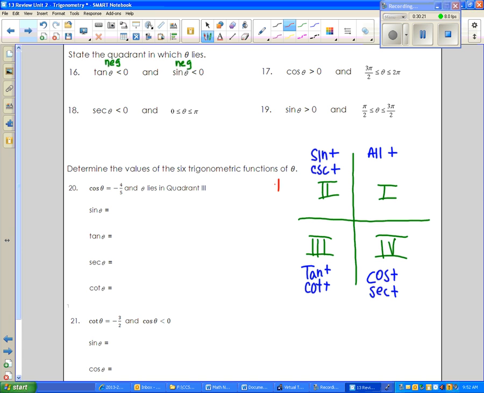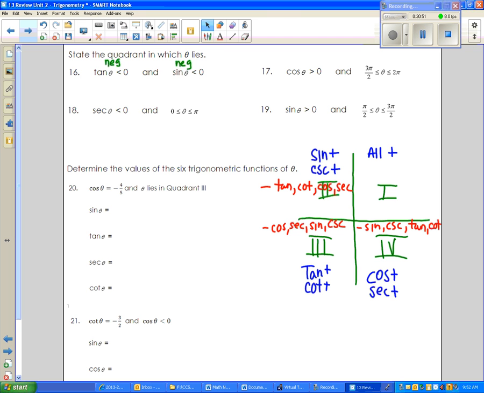But in quadrant 2, that means that the tangent is negative, the cotangent is negative, the cosine and the secant are all negative in quadrant 2. In quadrant 3, the cosine, the secant, the sine, and the cosecant are all negative. In quadrant 4, the sine, the cosecant, tangent, and cotangent are all negative.